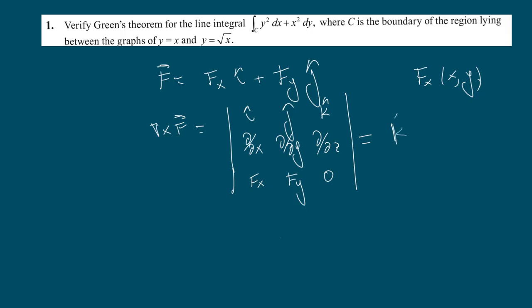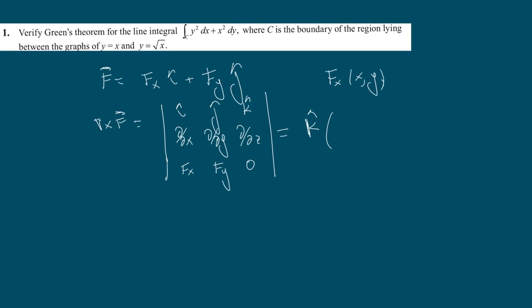It will be k multiplied by the partial derivative with respect to x of Fy, where Fy is the y component of the vector field, not the derivative, minus the partial derivative with respect to y of Fx. And that's all in this case.